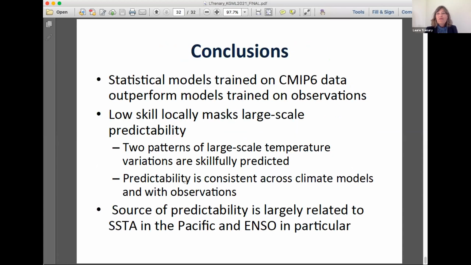With that, I will end my talk because I'm already going over, but hopefully you see the utility of using the CMIP6 data to train predictive models and to predict observations, and also how, if we isolate these large scale patterns, we can enhance our predictability. So thank you for your attention.